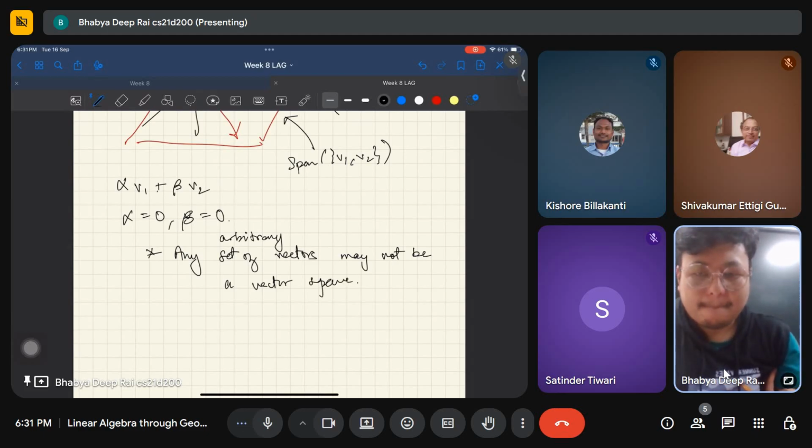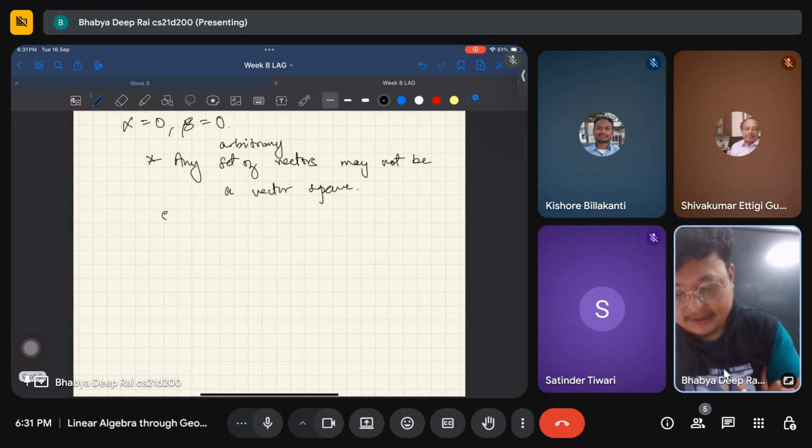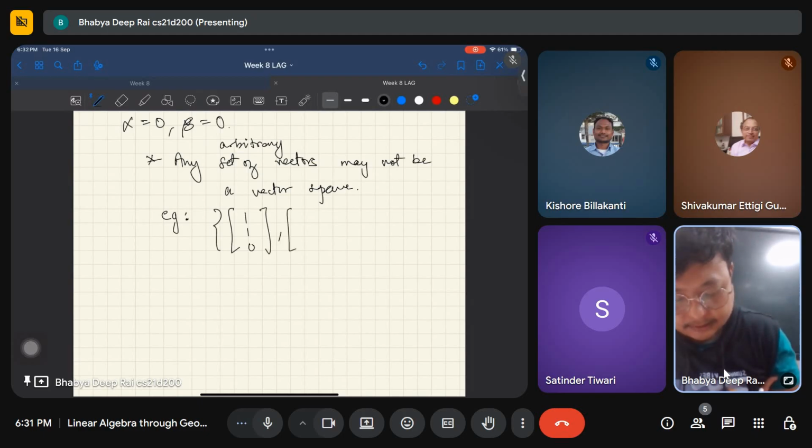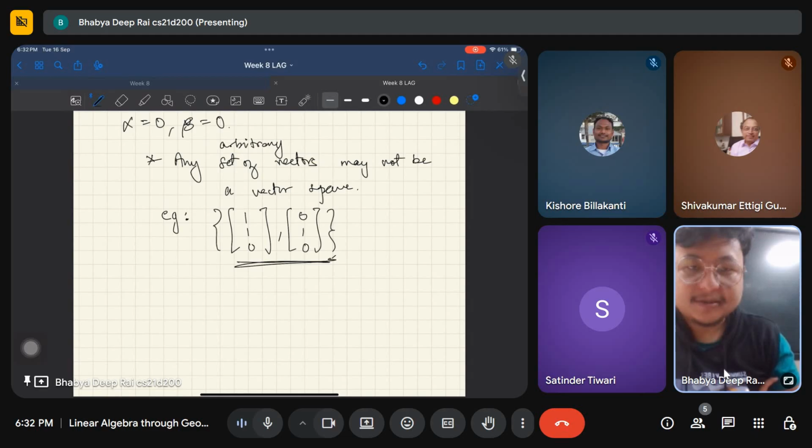For example, say the set (1, 1, 0) and (0, 1, 0). I'm not taking the span of this; I'm claiming this to be my set S. Is this a vector space? The zero vector is not in S, so it is not a vector space.